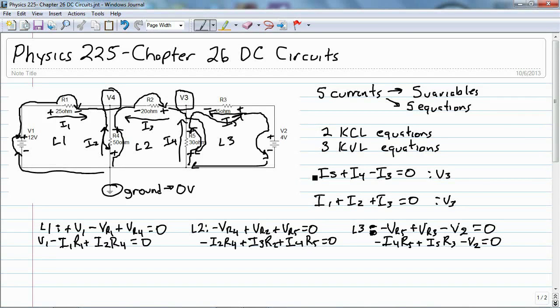You can use whatever method you like to use. One interesting one on some of the calculators, the TI calculators, is what's called RREF, reduced row echelon form, and that will solve it pretty well. Of course, you can always use Cramer's rule.